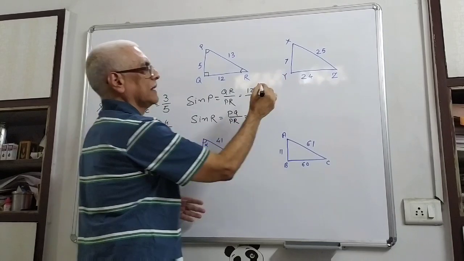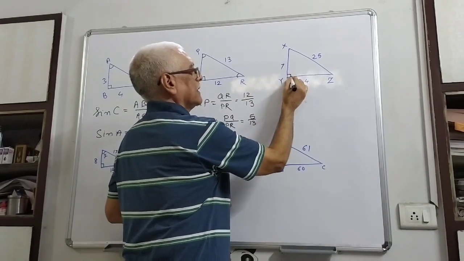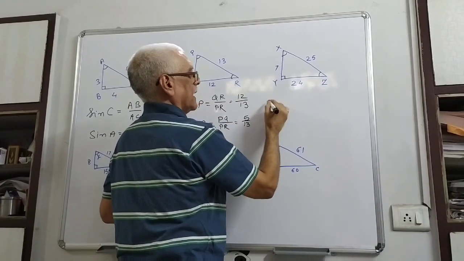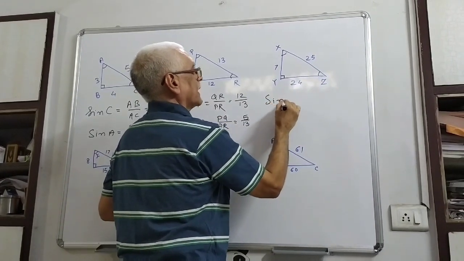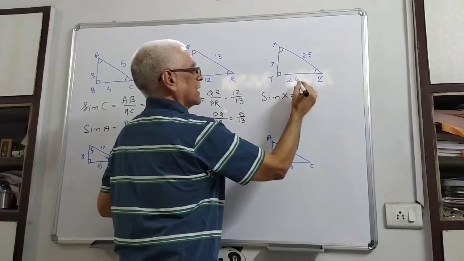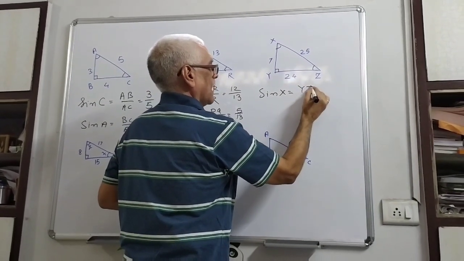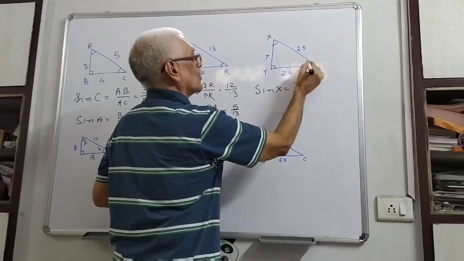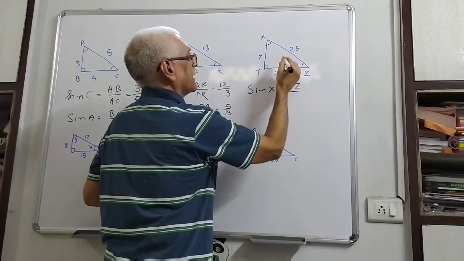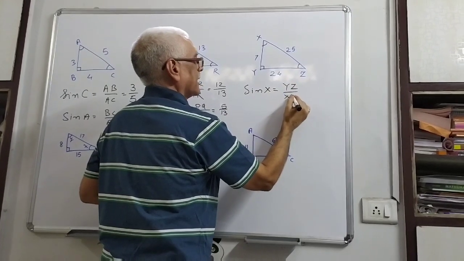For this triangle, Y is the right angle and X and Z are acute angles. Therefore we can consider sine of X is equal to the length of the side opposite to X, that is YZ, upon the hypotenuse, opposite to 90 degrees, that is XZ.